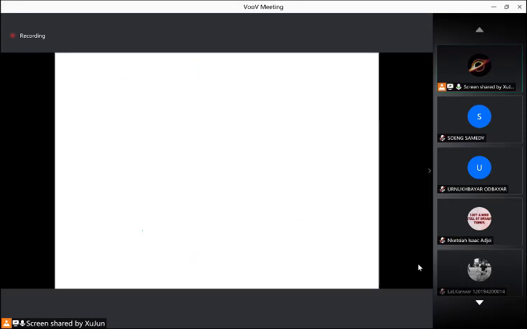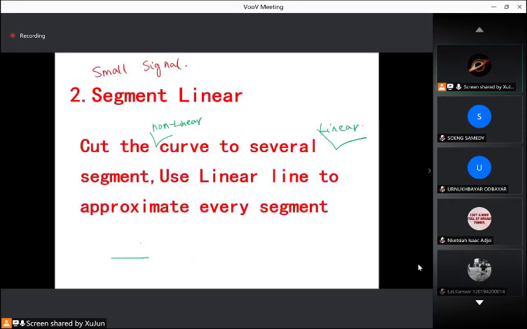For example, this is a nonlinear curve, but we can treat every part as a linear part. Treat this part as a straight line, this part as a straight line, this part as a straight line, and this part as a straight line. So we use straight lines to approximate every segment. So we call this the segment linear method.